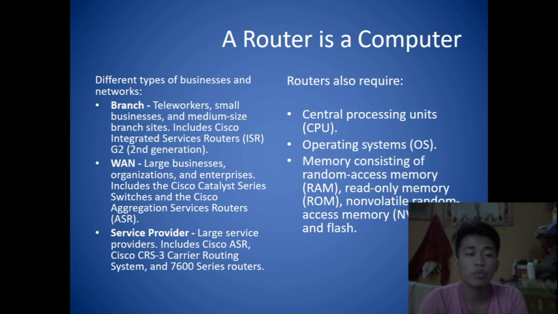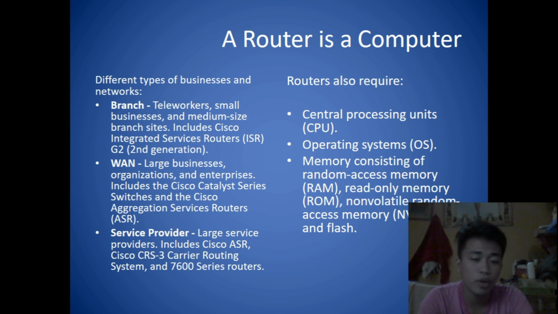A router is a computer. In different types of business and networks, we have branch, WAN, and service provider. Branch sites for teleworkers, small business, and medium-sized business include Cisco Integrated Services Routers. In the WAN, we have large business organizations and enterprises.